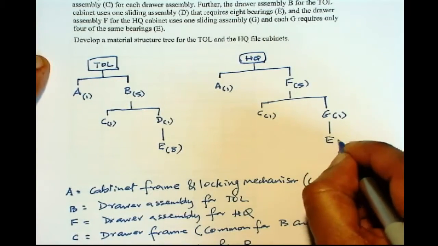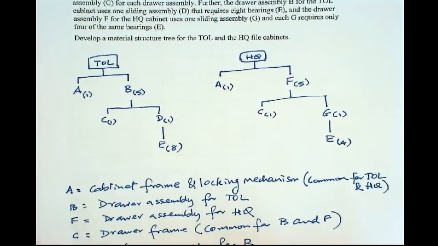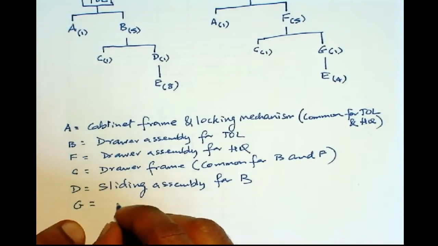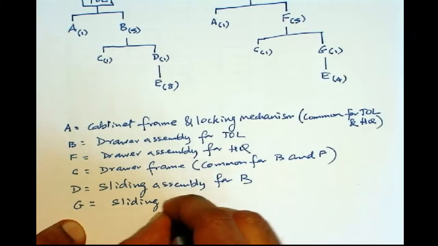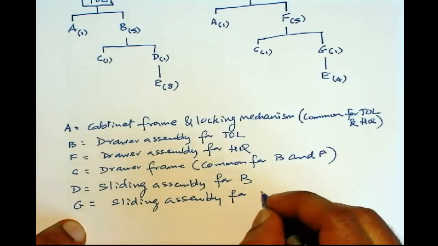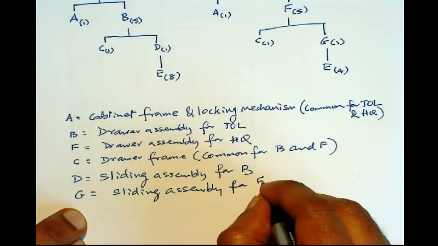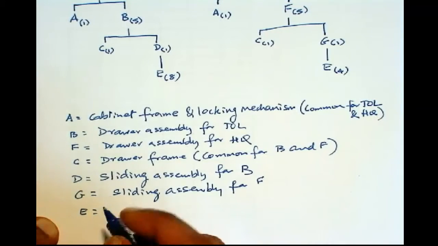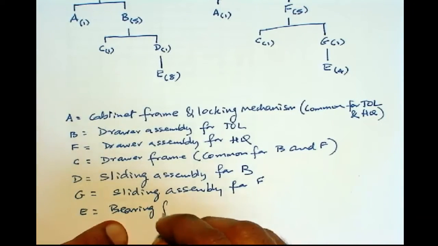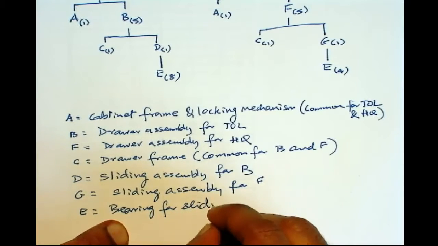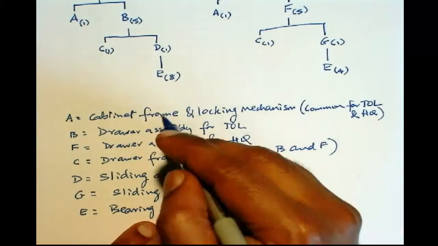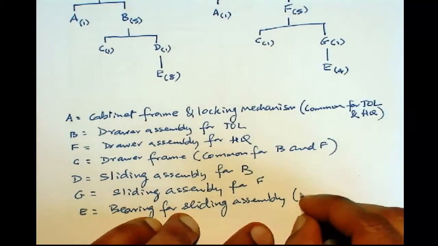So G is the sliding assembly for F, and E is the bearing for the sliding assembly. And it's common for both D and G.